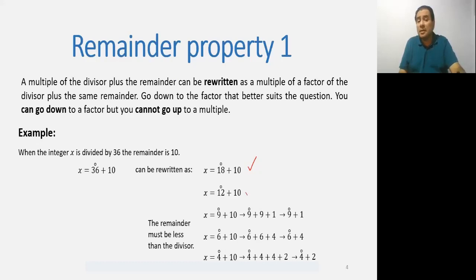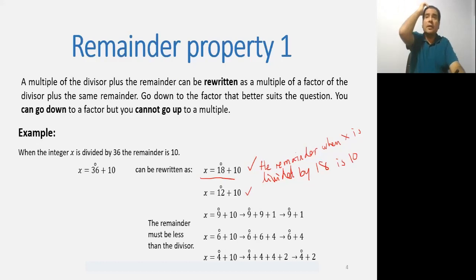The interesting thing here is that you can reinterpret these structures as: the remainder when x is divided by 18 is 10, and so on with the next example, the remainder when x is divided by 12 is 10.